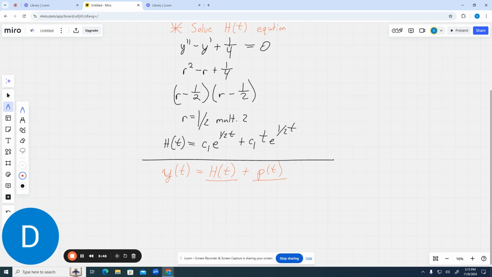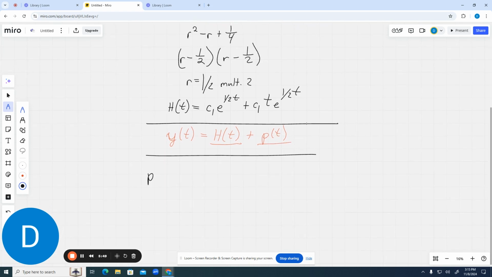The way we use the variation of parameters method is to make p of t the same thing as c1 of t e to the 1/2 t plus c2 of t times t e to the 1/2 t.